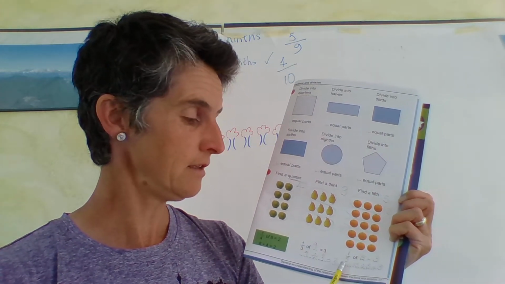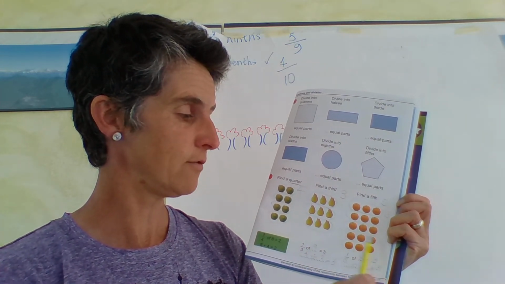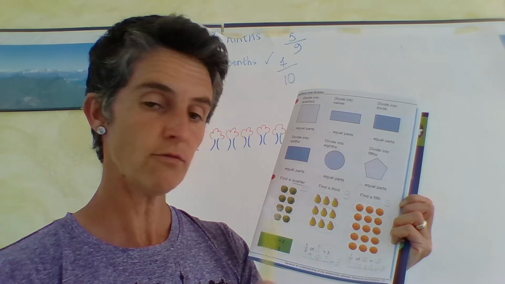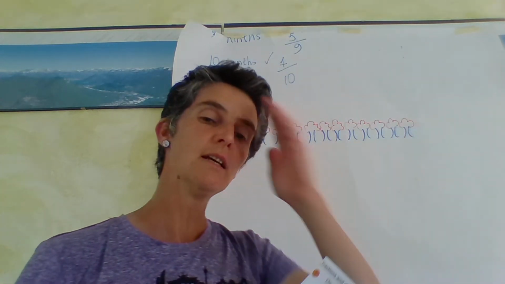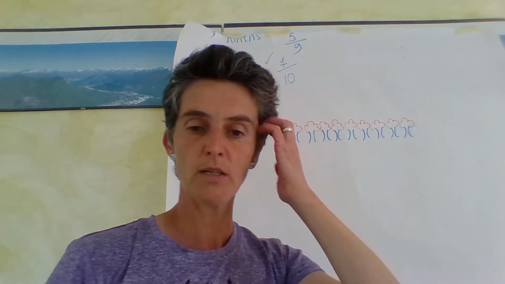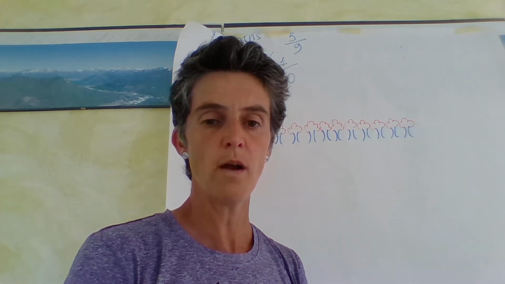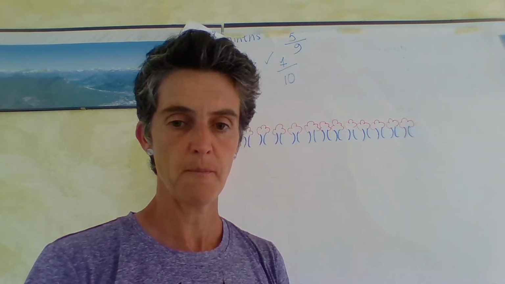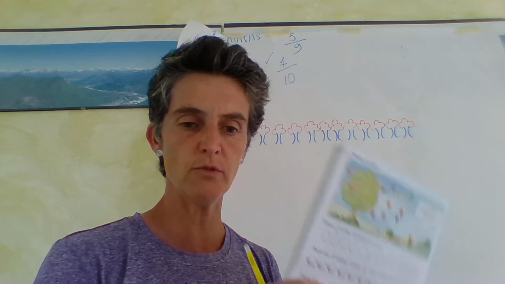So 15 divided by 5, 1, 2, 3, 4, 5, gives us 3. Okay, so we have 15 kids in the class and we wanted to make 5 groups. We could do that and we'd have 3 children in each group. 15 divided by 5 is 3. 1/5 of 15 is 3. Okay, it's quite hard, so you play that as many times as you want to.